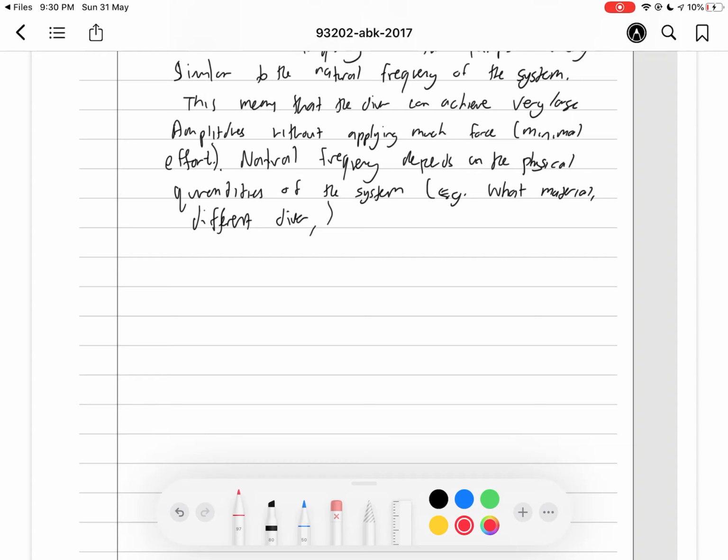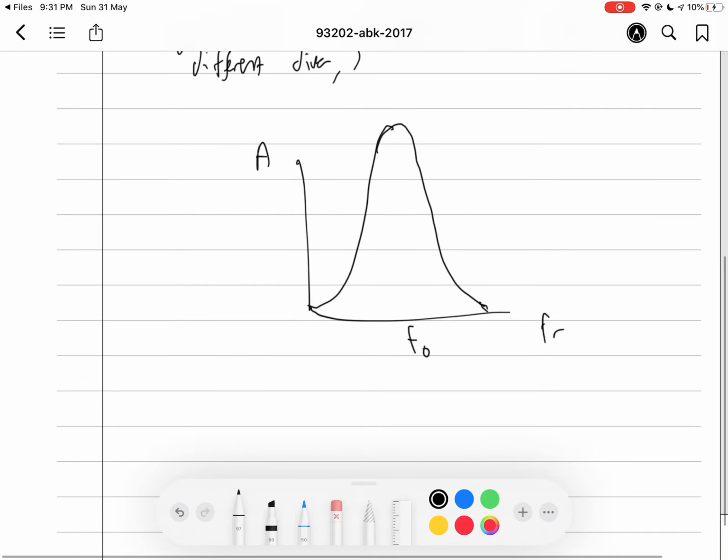You can further support your answer with the graph I just drew, which I think is very relevant in this case. You can say, as seen on the graph, when the driving force frequency is very similar to the natural frequency, there is going to be a very large amplitude of oscillation produced, even though there is minimal force applied.